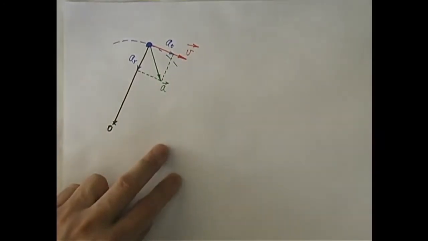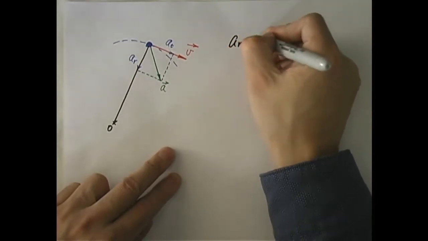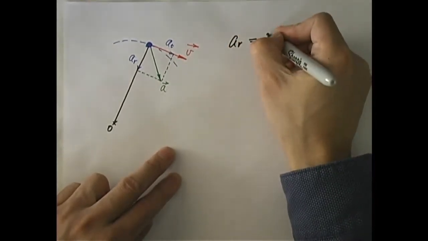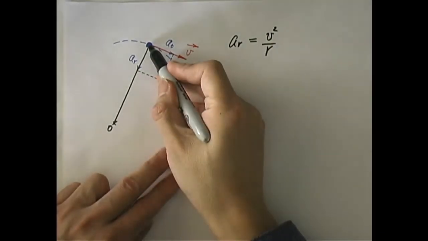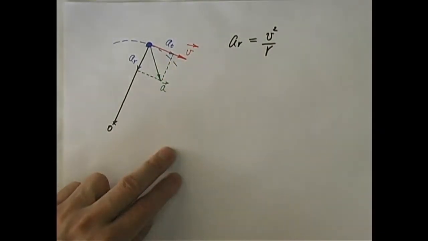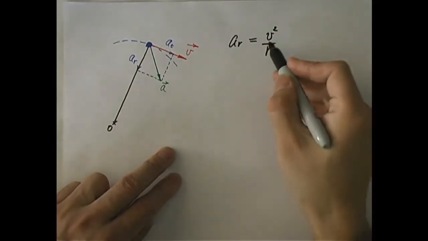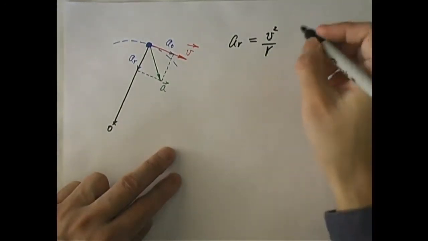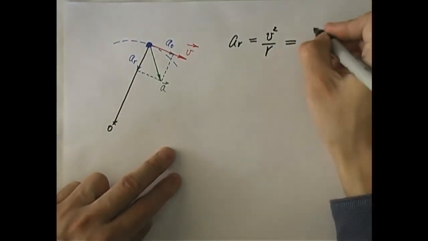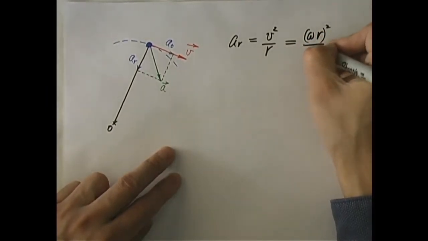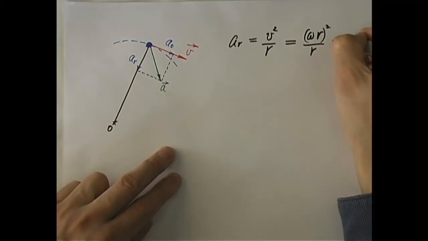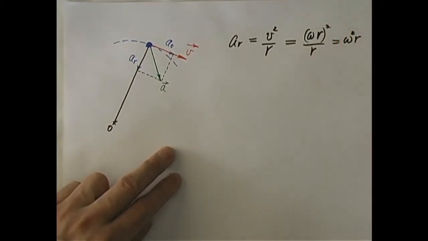Well, a_r is simple. The magnitude is simply v squared over r. We know that. r is the distance between the point and the axis of rotation. But what I want to do now is rewrite v in terms of omega. We know how to do that. We just got that. That is omega r. Square it and divide by r. So that equals omega squared times r.